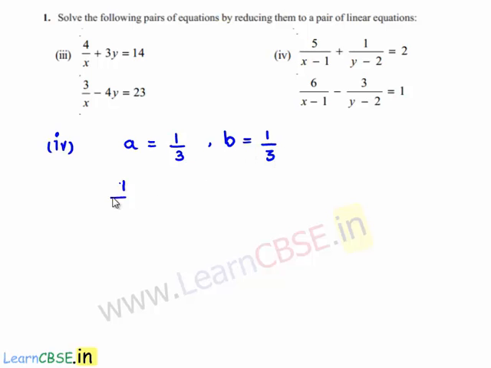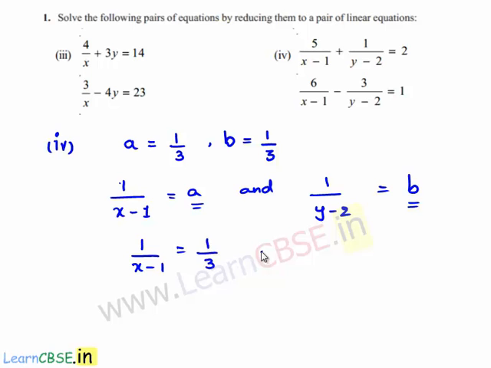In the beginning, we have assumed 1 by x minus 1 is equal to a and 1 by y minus 2 is equal to b. So in place of a, let us write 1 by 3 and in place of b, let us write 1 by 3. So 1 by x minus 1 is equal to 1 by 3 and 1 by y minus 2 is equal to 1 by 3.